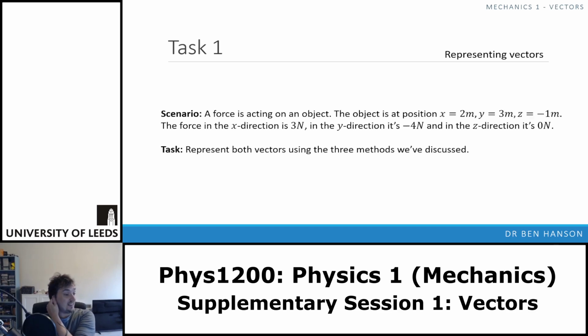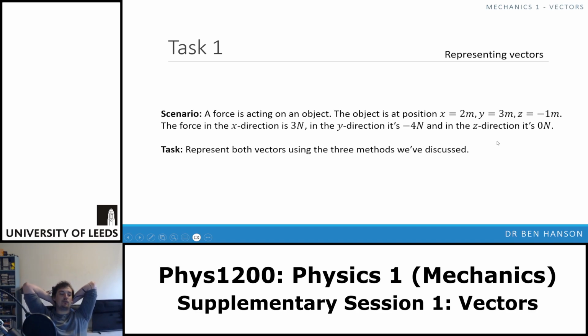A force is acting on an object. So just imagine an object in your head, and imagine a force is acting on it. The object is at position x equals 2, y equals 3, z equals -1 meters. And the force is 3 newtons in the x direction, -4 newtons in the y direction, and 0 newtons in the z direction.